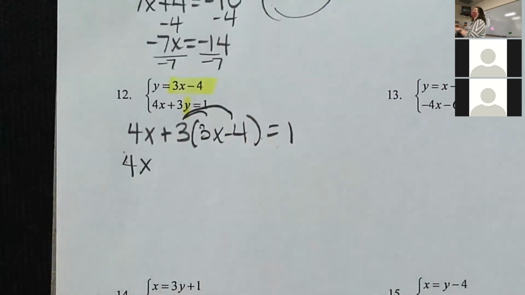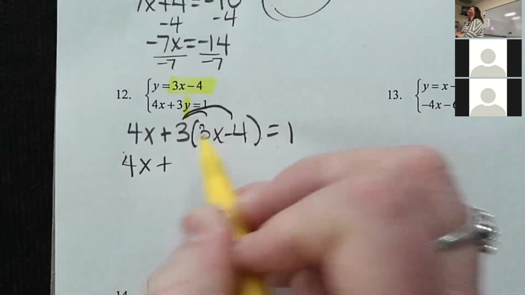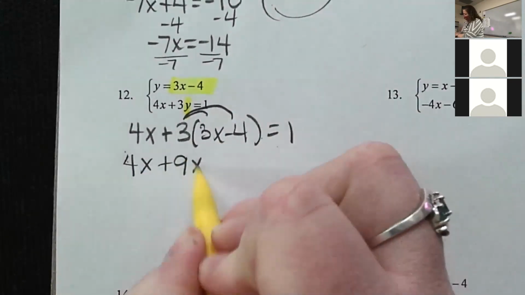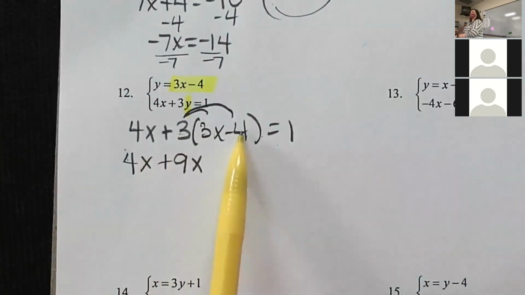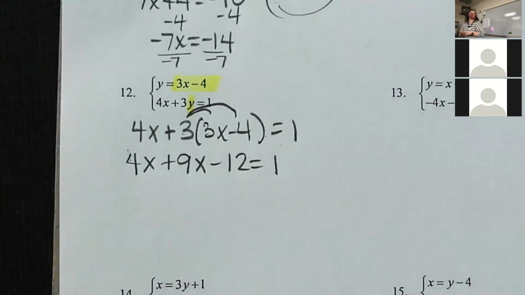Okay, yeah, you got to multiply the whole shebang by 3. Okay, what's 3 times 3x? 9x. Got that one. 3 times negative 4. Negative 12. There you go. Equals 1.